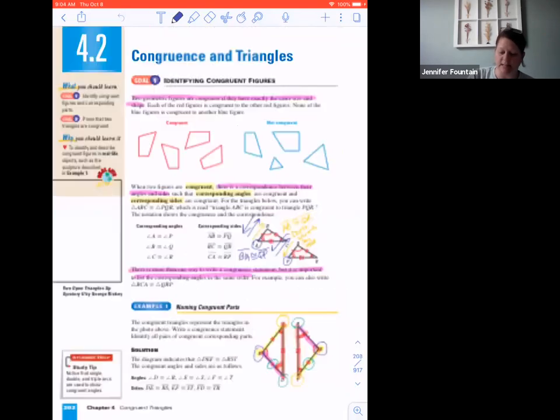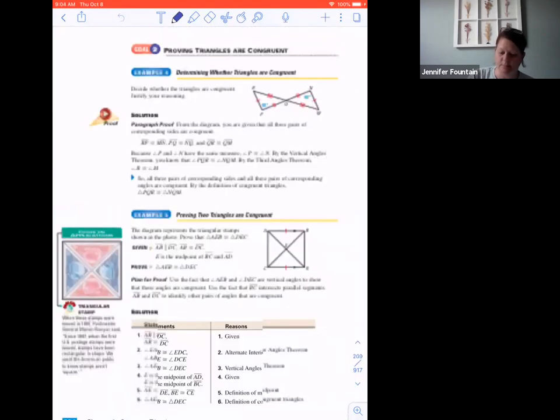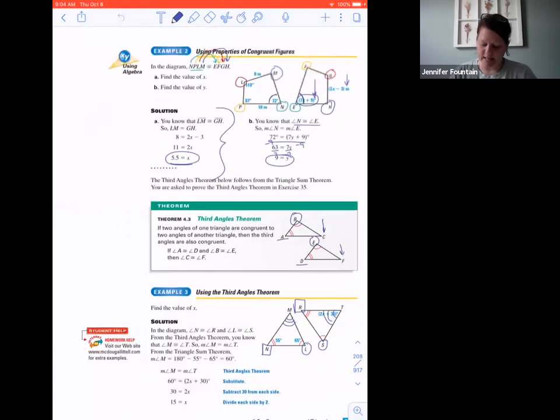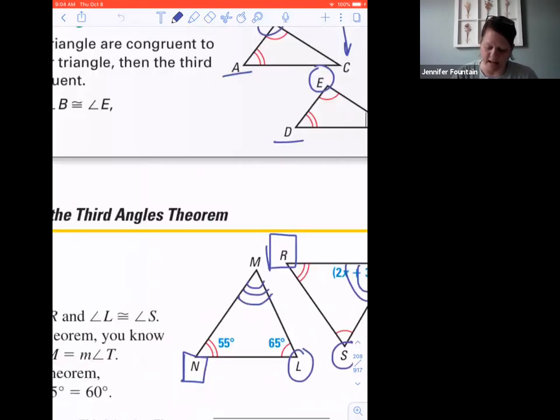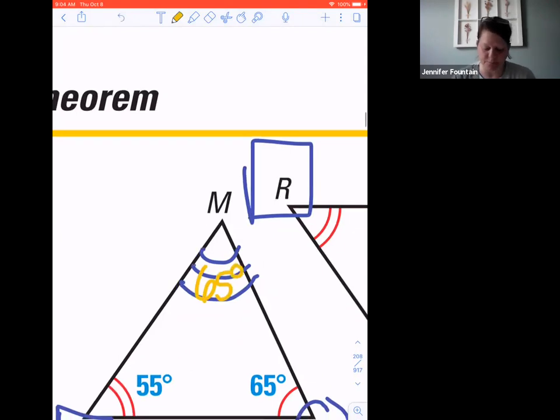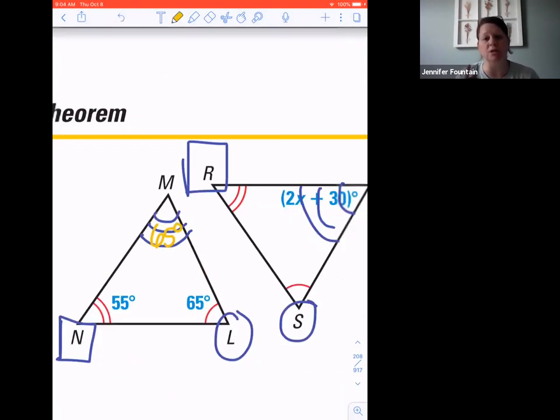So knowing that, I can go ahead and label angle M as 65 degrees. So I'm going to go ahead and mark that that is 65 degrees. So the first thing I had to do was solve for my unknown measurement.